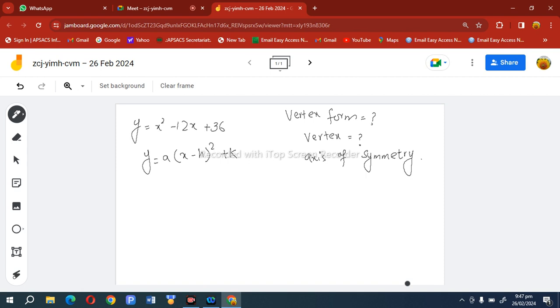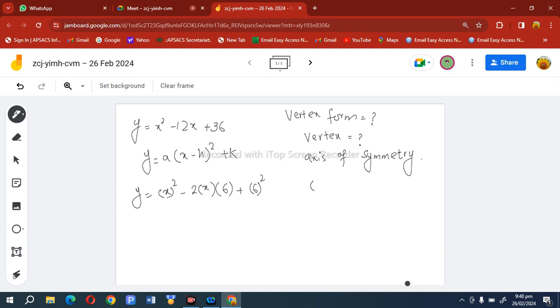As you can see, this is x squared, so I can take it as (x minus b) whole squared, with 2ab giving 12x. What should b be to get 12x? It should be 6, because 2 times 6 is 12. To complete the square I need to add 6 squared.